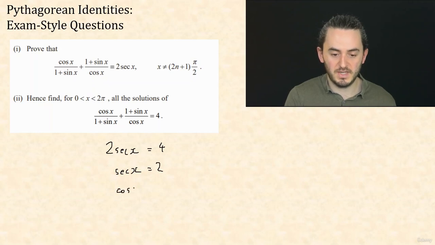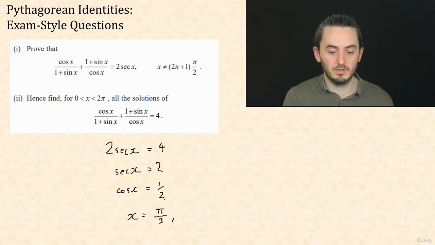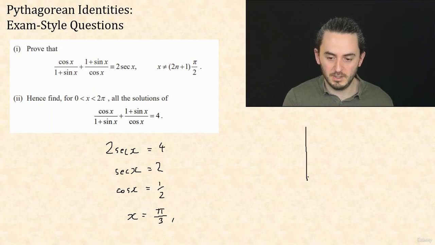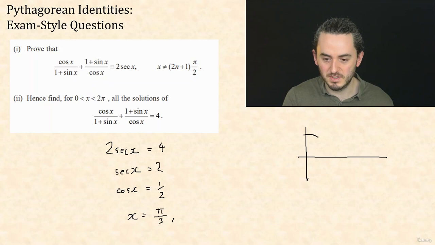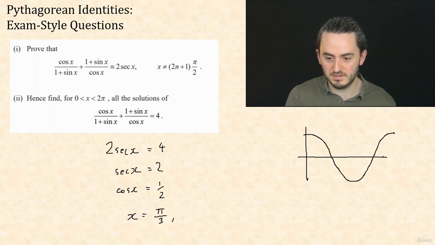That means that cos x is the reciprocal of 2, which is a half. And in radians, that means that x is pi over 3. And then to find your secondary solution for cos, you need to do 2 pi minus your previous answer. I know I've done this a lot now, but it's worth going through it many, many times. The graph for cos between 0 and 2 pi looks like this.